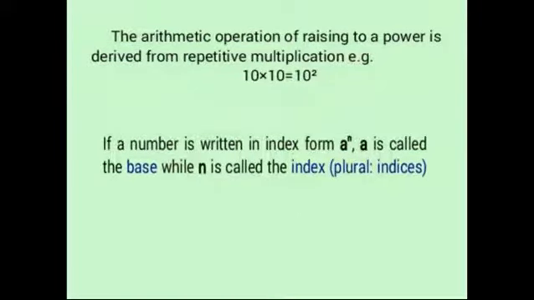So formally, we can say if a number is written in index form, that is a raised to the power of n, a here is called the base and n is called the index. Knowing about the base and the index will help you when solving questions so that you don't mix things up. Indices, which is our topic, is the plural form of index, talking about more than one.